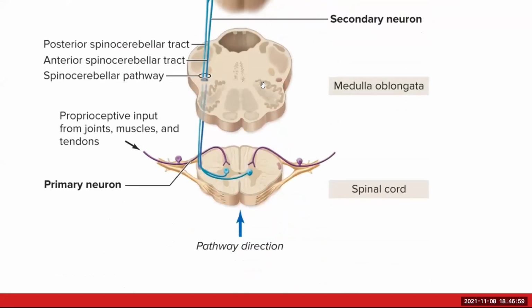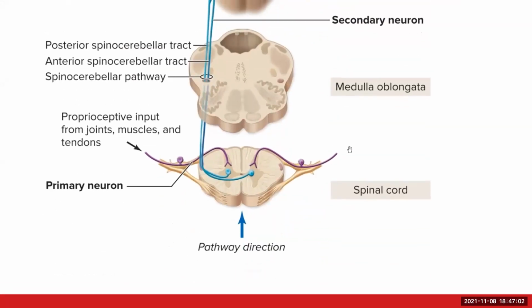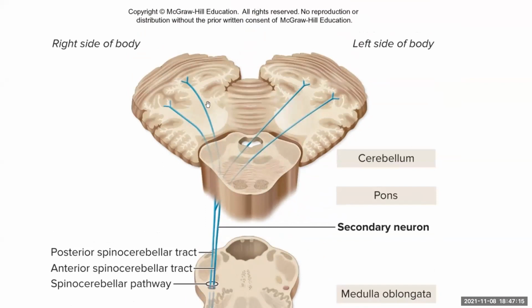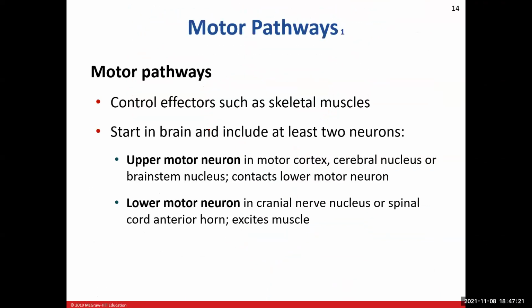We'll also see here how our primary neuron enters in, synapses onto a secondary neuron, and then it decussates right at the spinal cord level. And then it ascends up to the brainstem here and into the cerebellum. So some start off contralateral, and some of those tracts will remain ipsilateral.